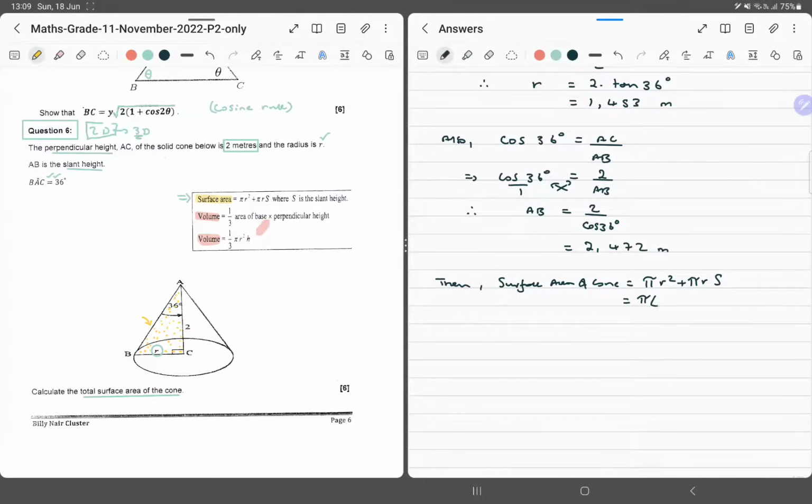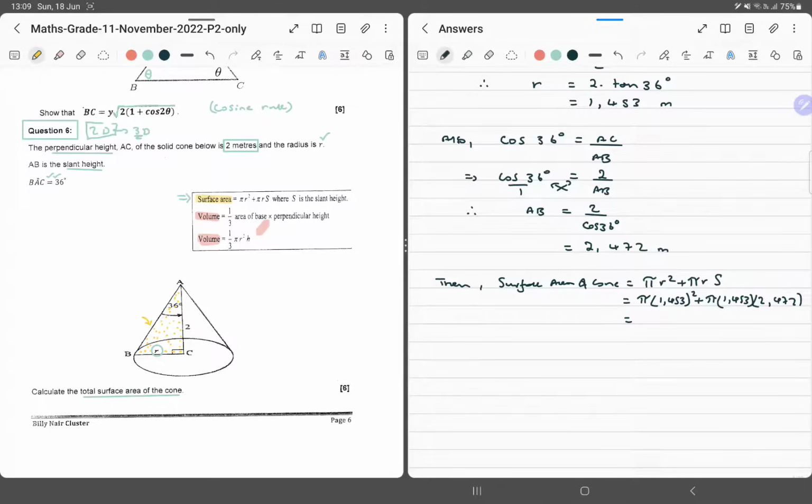This is pi into our r squared, which is 1.453 squared, plus pi into r, 1.453, times the slant height, which is 2.472. So we just simply deal with that in the calculator.